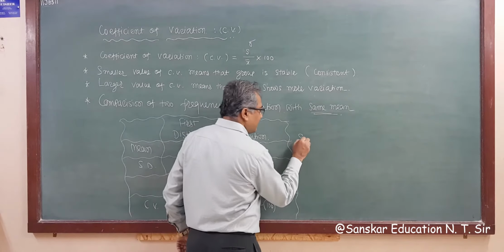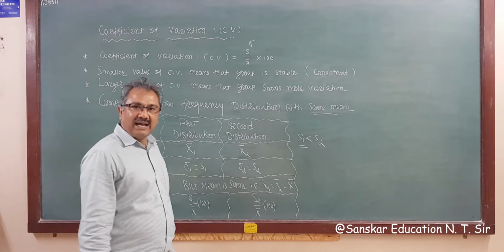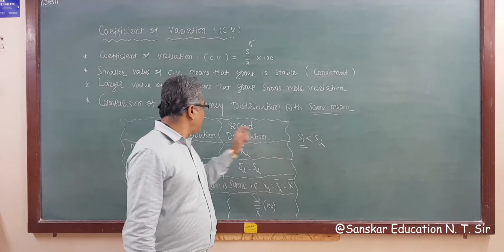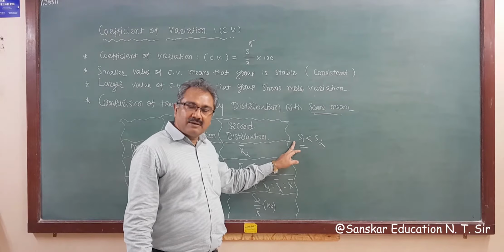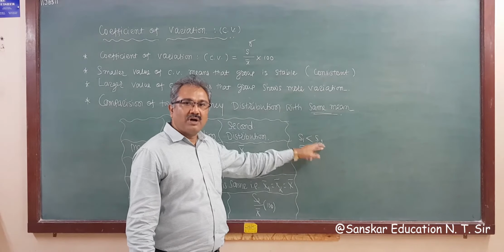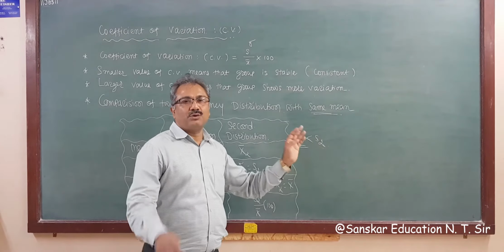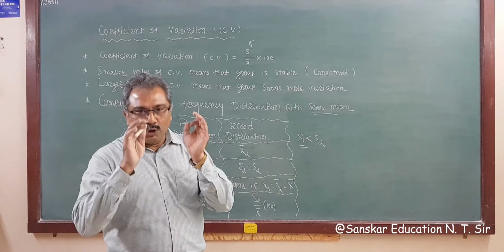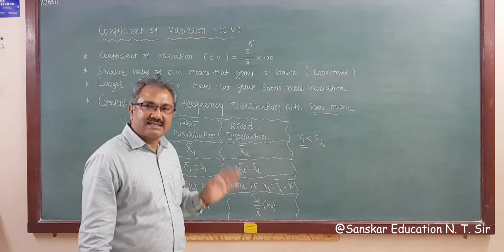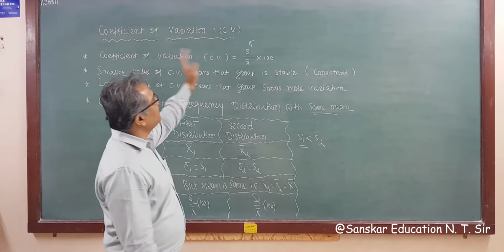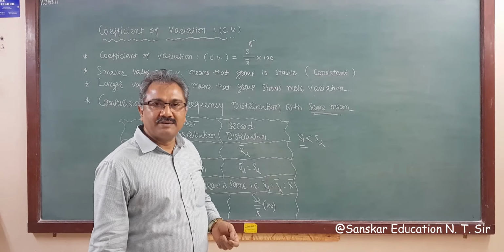If S1 is less than S2, then group 1, the first distribution, has the lowest variation and group 2, the second distribution, has more variation. So CV always depends on standard deviation while the mean is the same. You have to remember this, and remember this formula: CV is equal to standard deviation upon mean into 100.